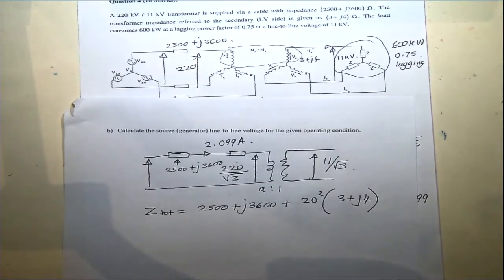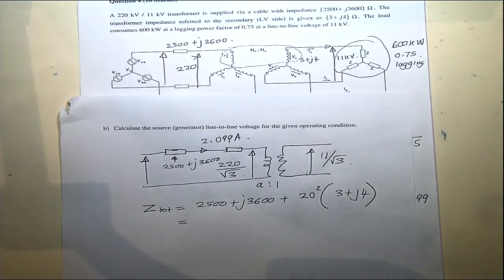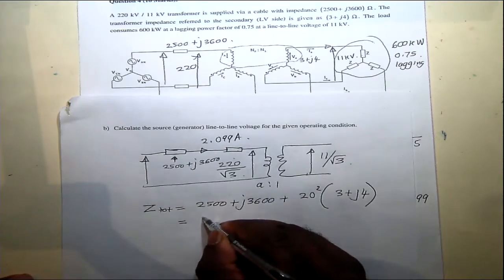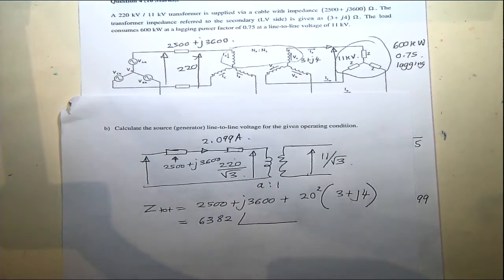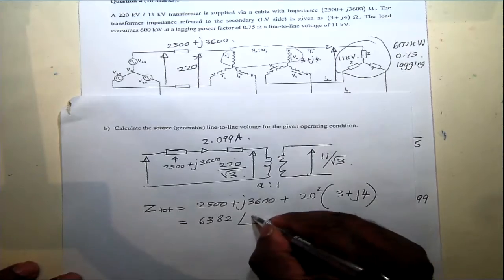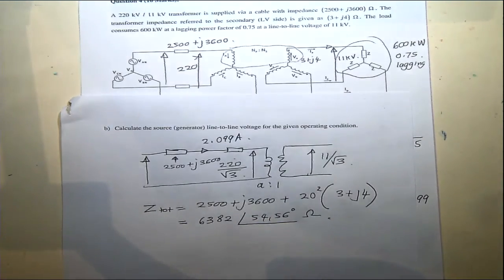That gives you the total impedance. I'll write it as a phasor, let's say 6382 at an angle of 54.56 degrees. So this is the total impedance, both of these combined.